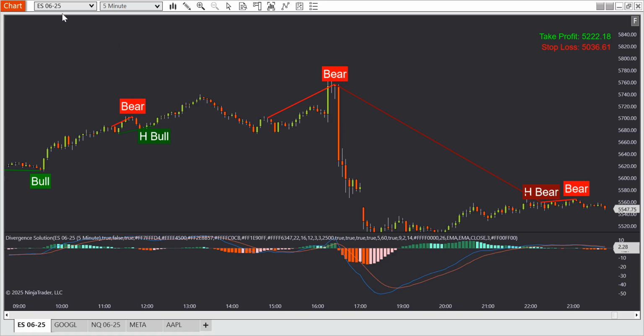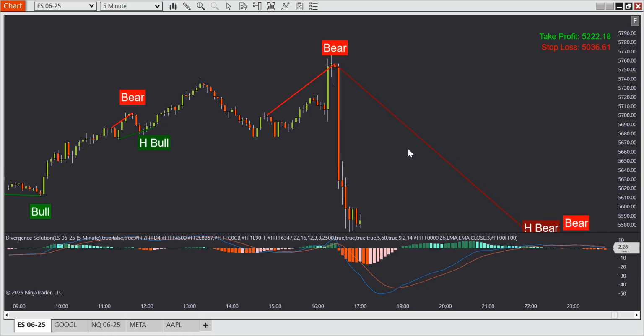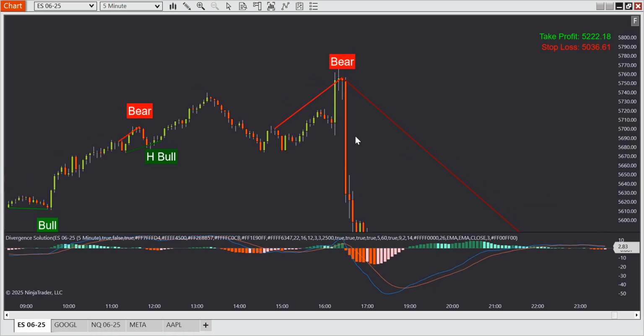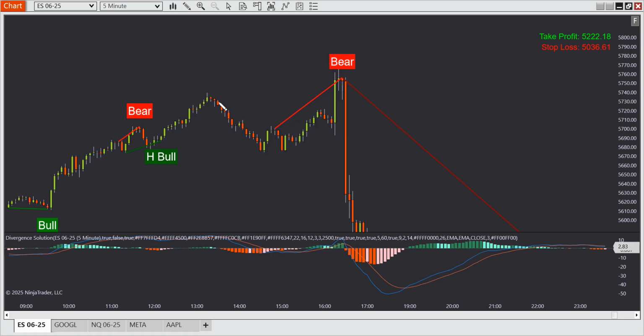Here we are on the ES 5-minute chart, and I'm going to show you a tip, a zone that we can find to trade from with divergences using the fib. I'm going to draw one, taking the range high prior to the divergence.